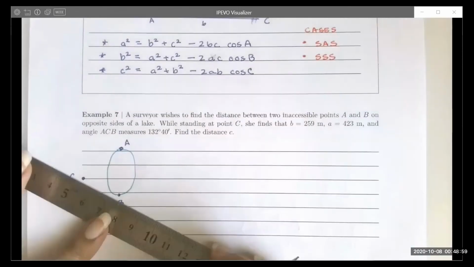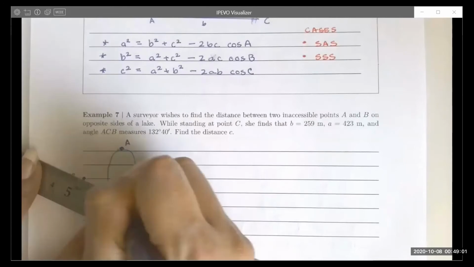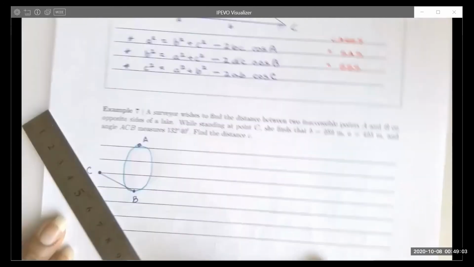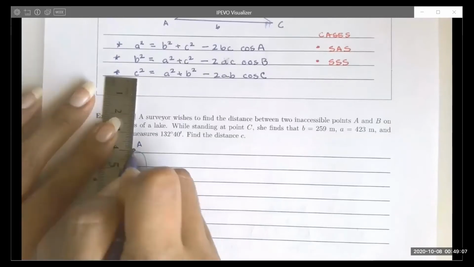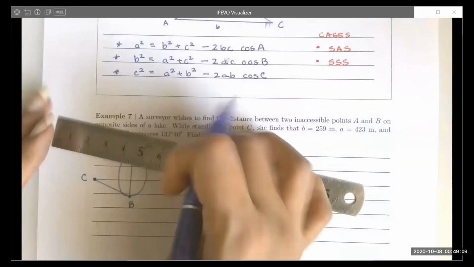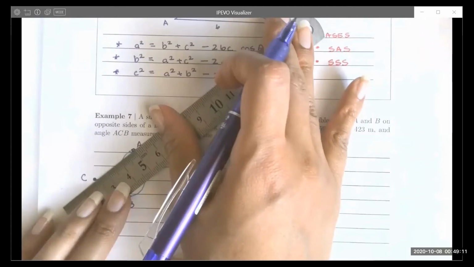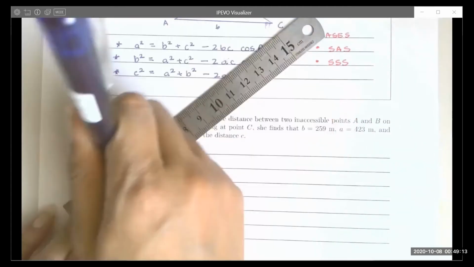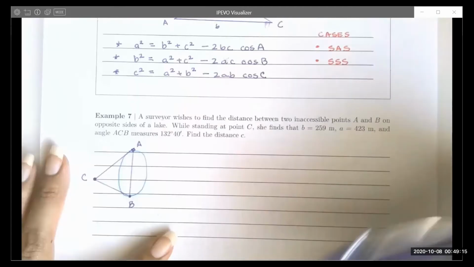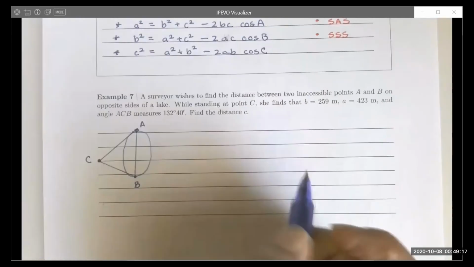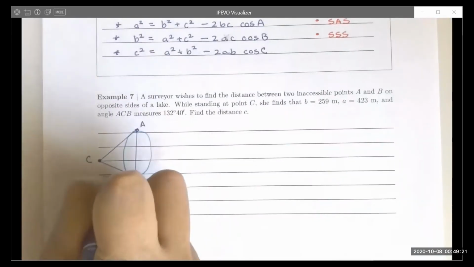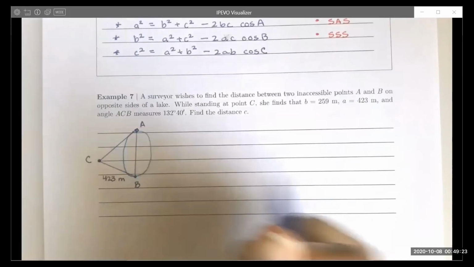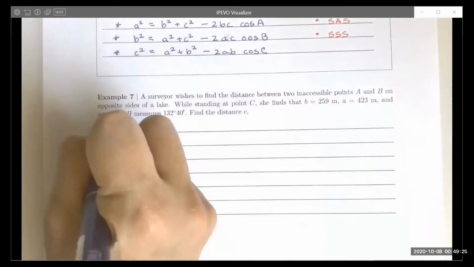So what that means is that we're forming a triangle between the 3 points. And side A, which is opposite to angle A, measures 423. And side B measures 259.